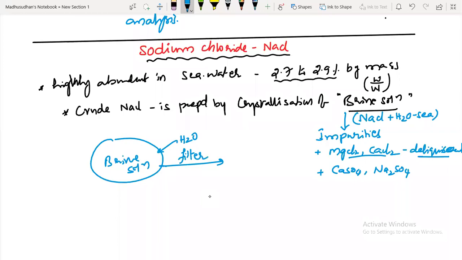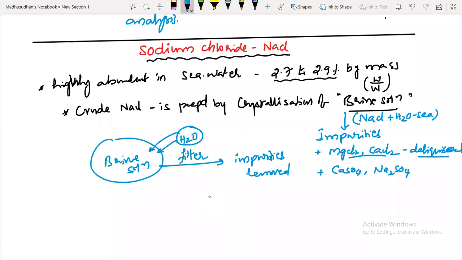On filtration, the impurities are removed. Some amount of water is added, and on filtration the impurities were removed.